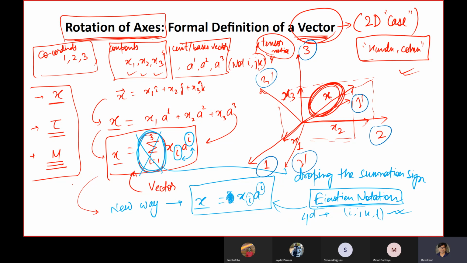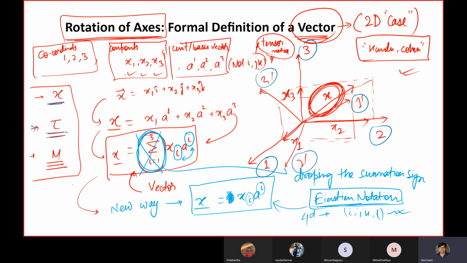Okay, and I will denote my vector as x with a down bar, and second order tensor as the tensor with double bars down it.